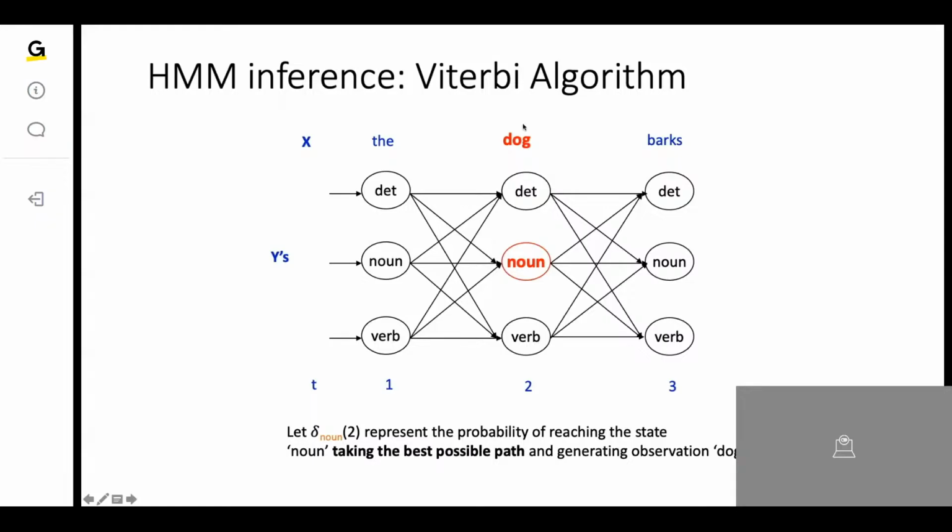Let's say we want to compute delta 2 at the second sequence instance, for the word dog. Delta noun of 2 represents the probability of reaching the state noun and emitting the symbol dog. And we need to find the best possible path out of these 3 to reach this particular state.